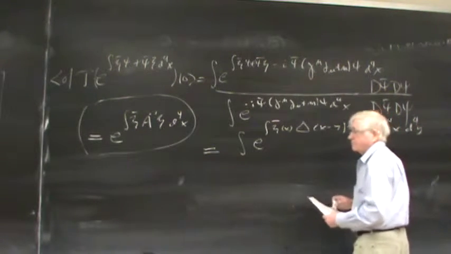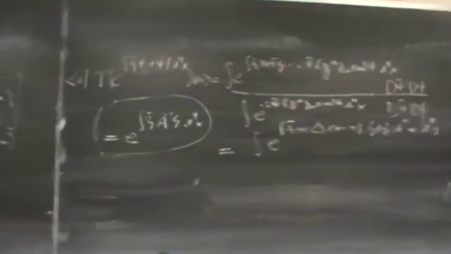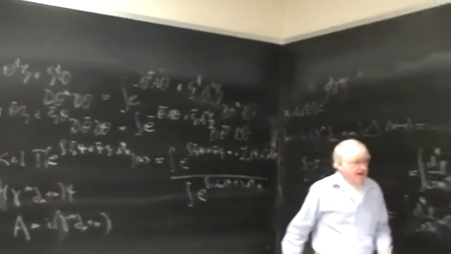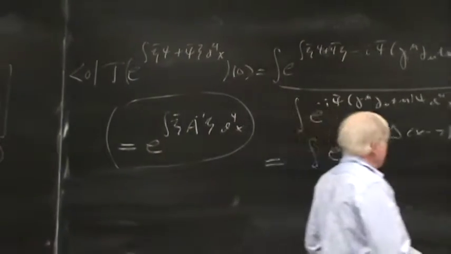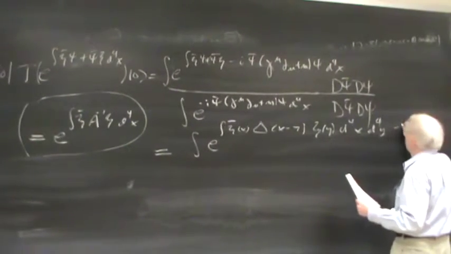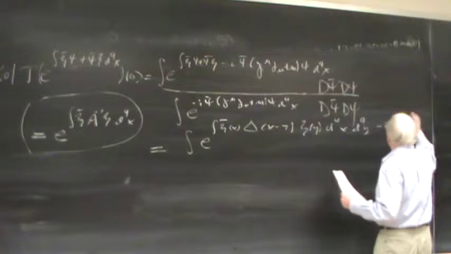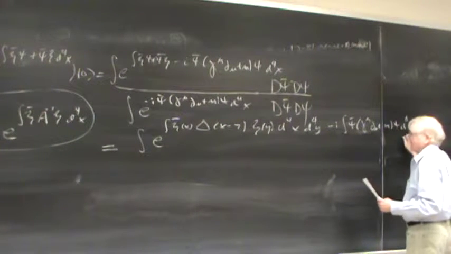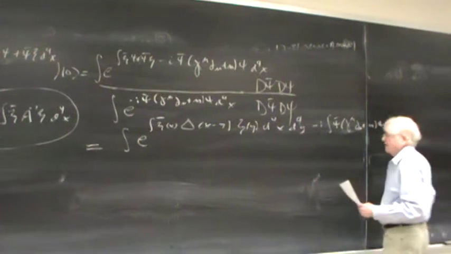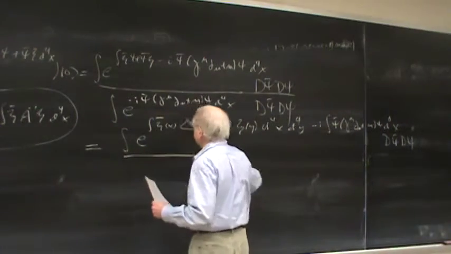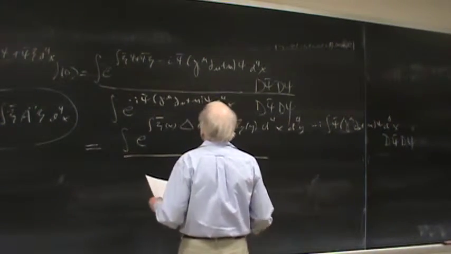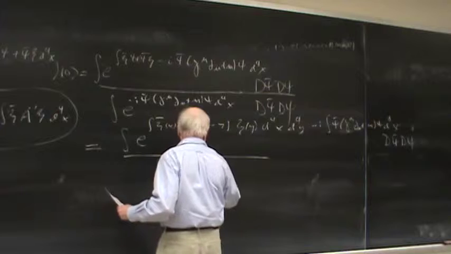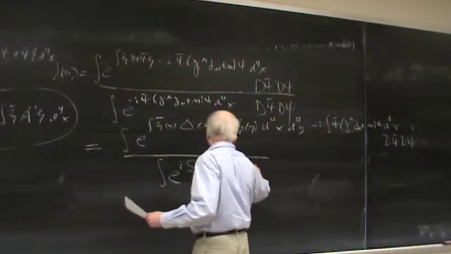And then we still have this part, and the analog of that, of course, is this action here. And so we have minus i integral psi bar gamma mu d mu plus m psi d4x, and now this is d psi bar d psi, and underneath we've got just this, and so this is e to the i S0 d psi bar d psi.